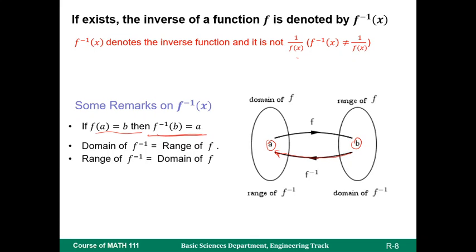The domain of f is the set of inputs, and this is the range of f, the outputs of f. But for f inverse, the range of f becomes the inputs of f inverse, so it becomes the domain of f inverse, and this set becomes the range of f inverse. So these are two other things to know.